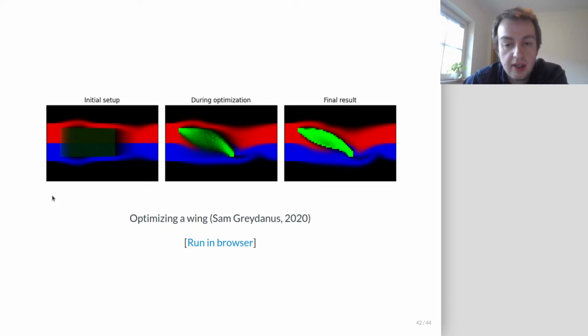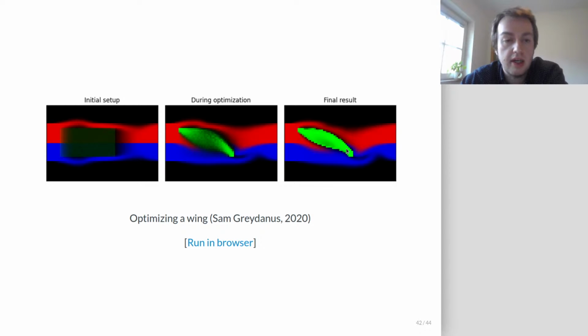I think it's a very nice use case of automatic differentiation in engineering. This author basically wanted to optimize for a wing, to find the optimal shape of a wing.